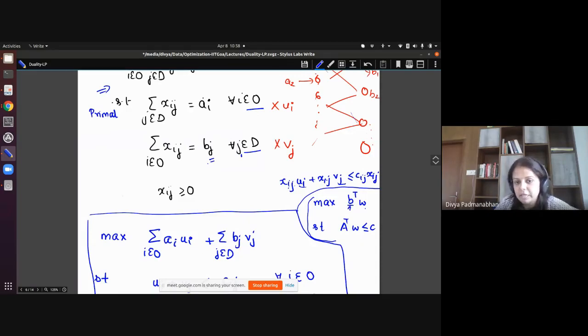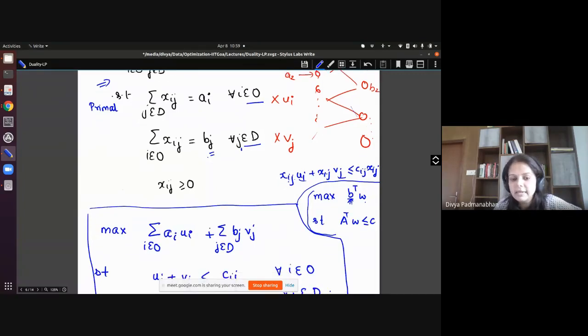It's the collection of the ai's for the origins, and for the destinations, all the bj's. That vector is this b, the right hand side of the constraints.